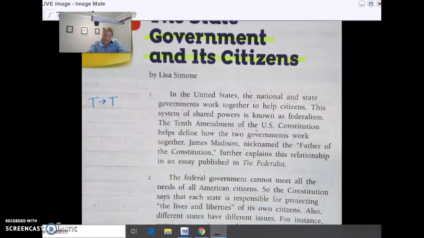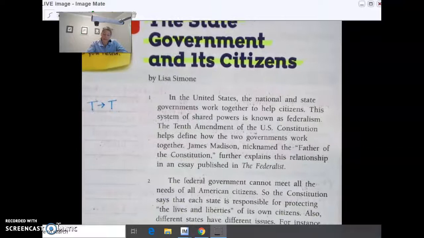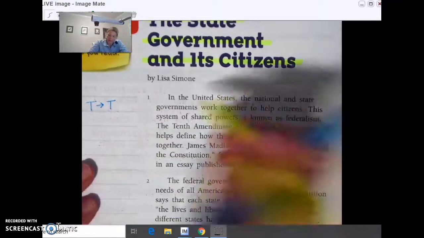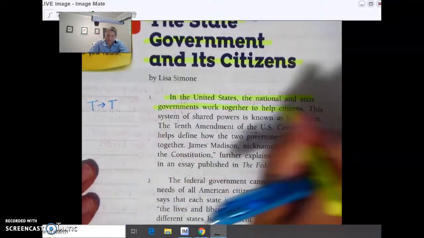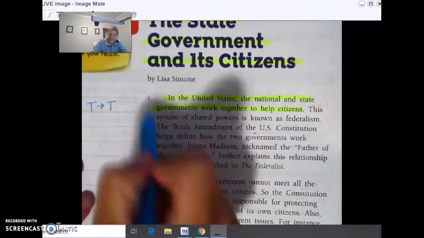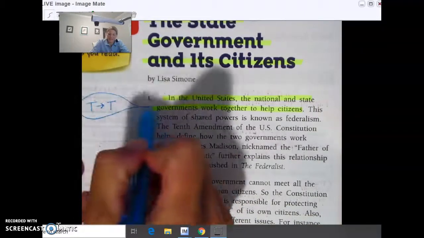Starting with paragraph 1, I'm going to begin reading, and make sure you've got a highlighter or your pencil ready to make some annotations, some notes. "In the United States, the national and state governments work together to help its citizens." This sounds very familiar to last week, to that connection I already made from the title.